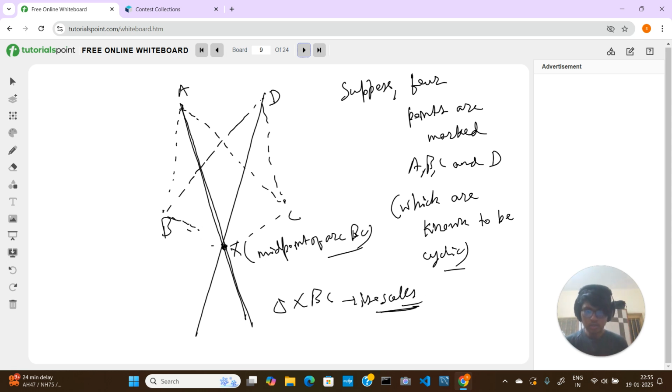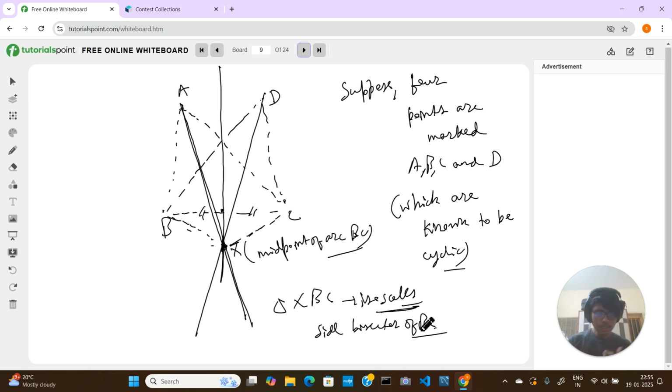So you also know another thing, that if you construct the bisector of angle BXC, this will be basically the side bisector of BC.